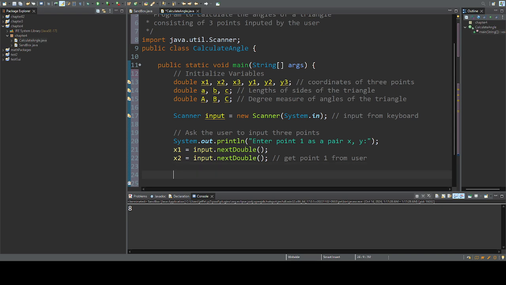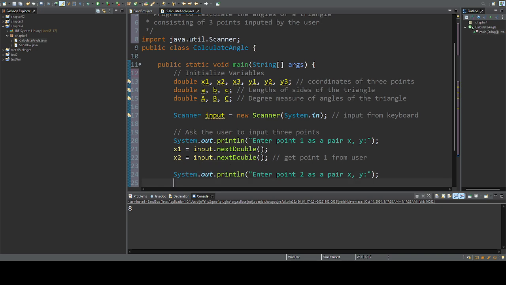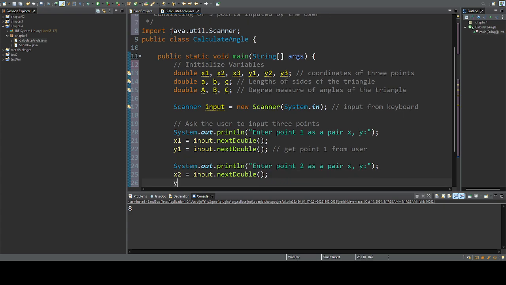And now we'll do the same thing. We'll ask the user to enter point 2. Oops, this should be Y1. There we go. So X2 equals input.nextDouble. Y2 equals input.nextDouble.